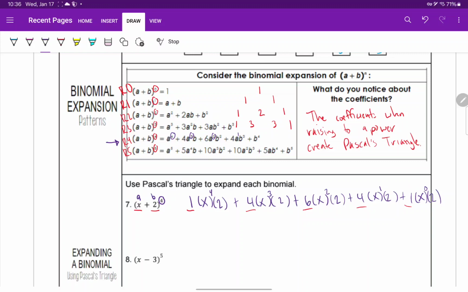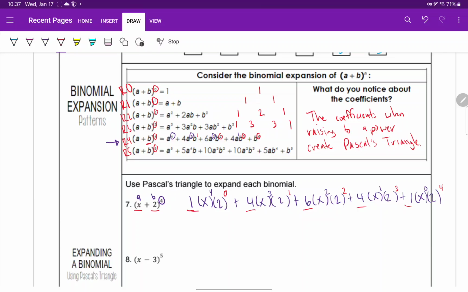Now, with the second numbers, which is B, it actually goes backwards. So it goes 0, 1, 2, 3, 4, in the reverse direction, so we start at 2 to the 0, then 2 to the 1st, 2 squared, 2 to the 3rd, and 2 to the 4th.